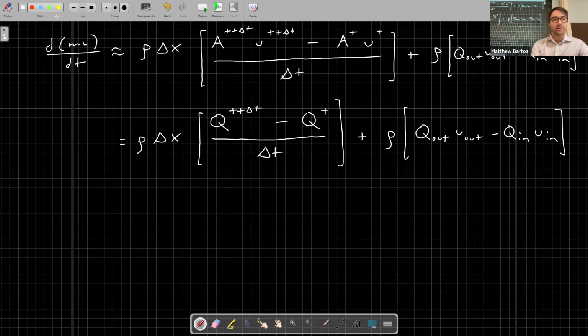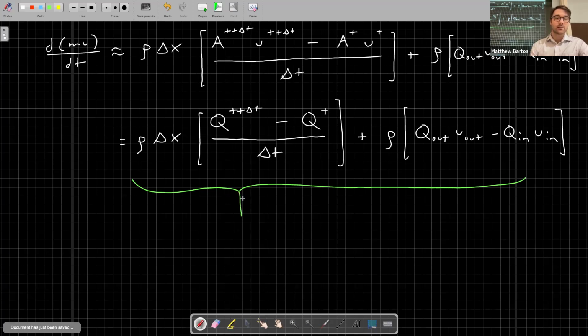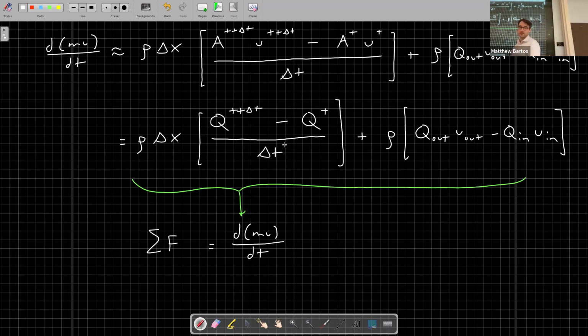This is the right-hand side, sorry, the left-hand side of Newton's second law. This is the rate of change of momentum with respect to time. And we can take this expression and set it equal to our force balance.